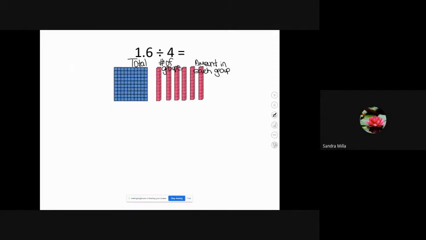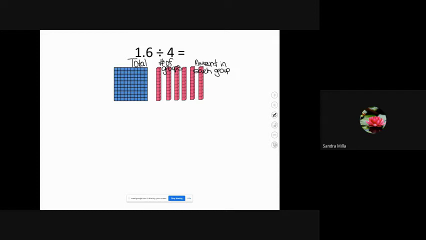Okay, so here we're representing 1 and 6/10. 1 whole cannot be separated as it is into 4 different groups. Just like your $1 bill cannot be shared with 4 people unless you break that dollar bill down.